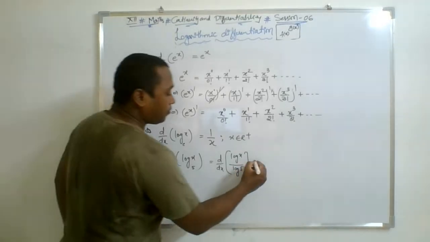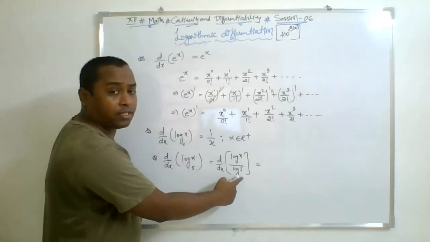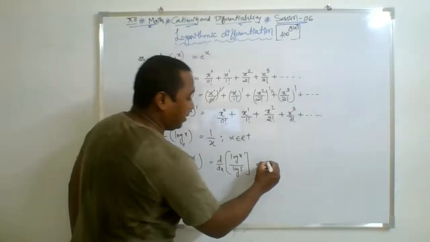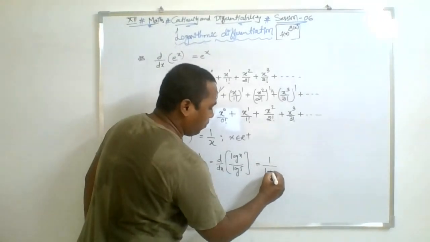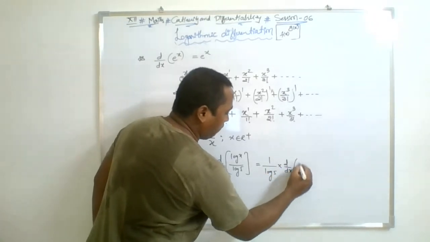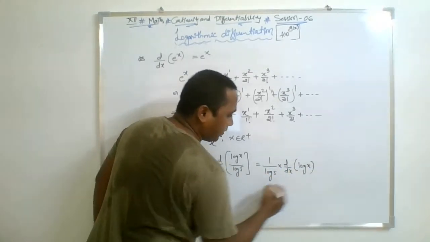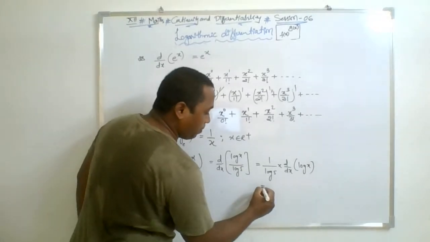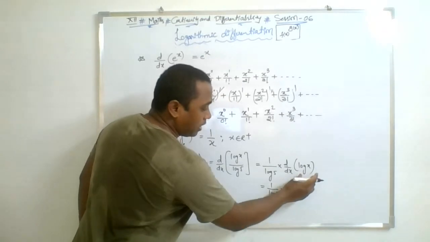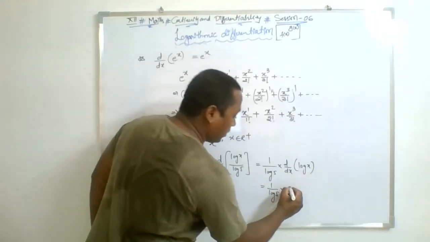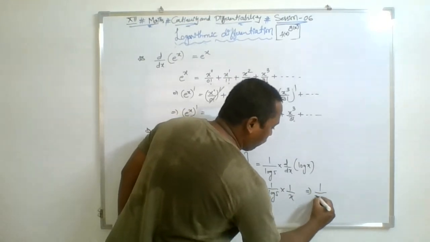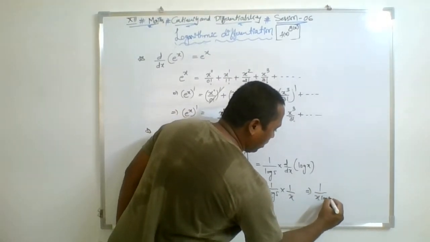Then, since log 5 is a constant, I can keep this constant outside the derivative. It becomes 1 upon log 5 into the derivative of log x, which is 1 upon x. So the final answer is 1 by x into log 5.